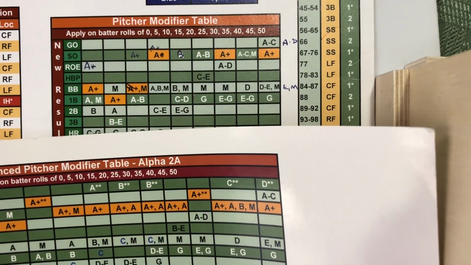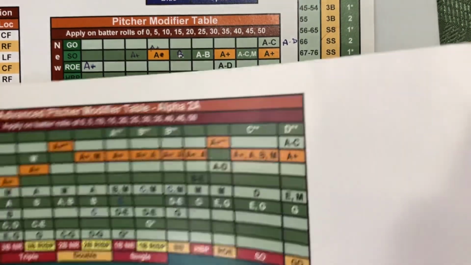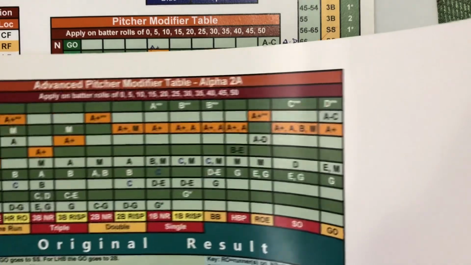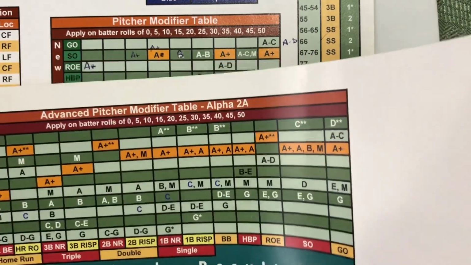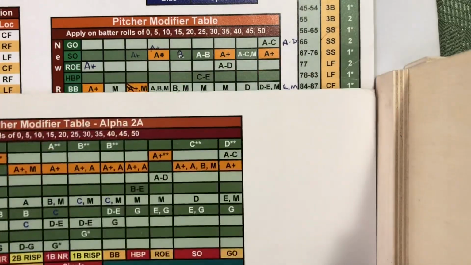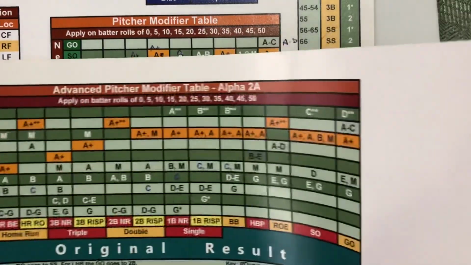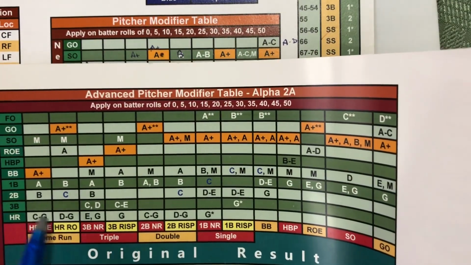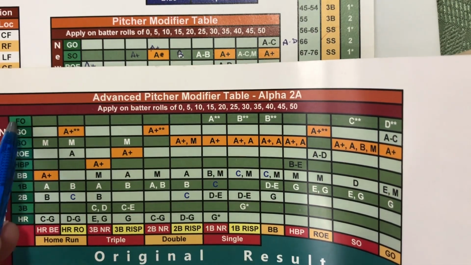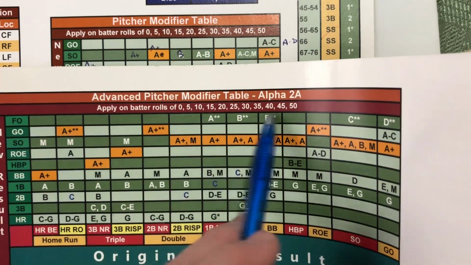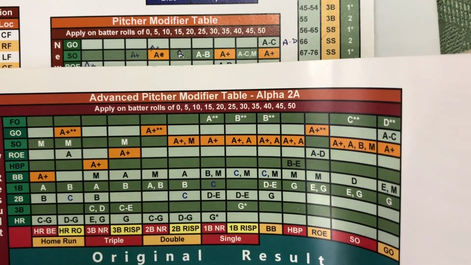So it does change some outs into sacrifice flies potentially. But the Advanced Pitcher Modifier Table in general reduces a little bit of your offense, and it widens your variety of responses because it adds the fly ball row to the new results.